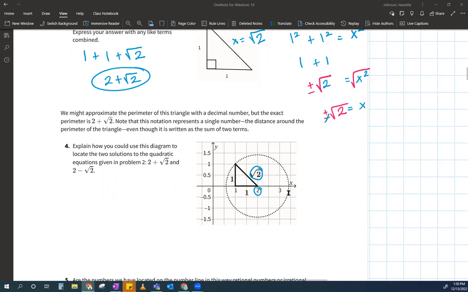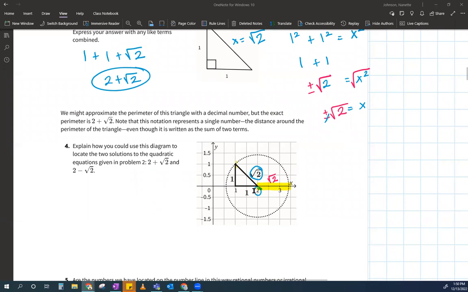Yeah, which is right here at the end of the circle. Does that make sense? Good, because this distance here is another square root of 2, right? So 2 plus root 2 is go 2 miles, take a break, and then continue on for root 2.